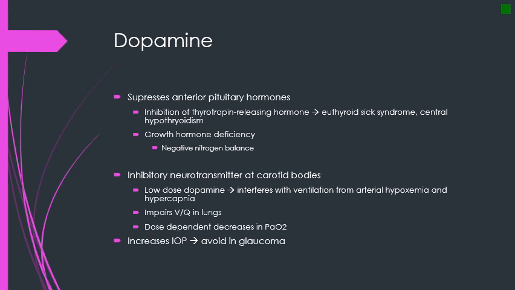One thing that we do need to definitely consider about dopamine is that it's an inhibitory neurotransmitter at the carotid bodies. And remember, dopamine can produce pulmonary artery hypertension. You don't want to use it in those right heart failure patients if you've got other medications that are more appropriate. The low-dose dopamine actually can interfere with ventilation from arterial hypoxemia and hypocapnia because it can impair that VQ mismatch in the lungs.